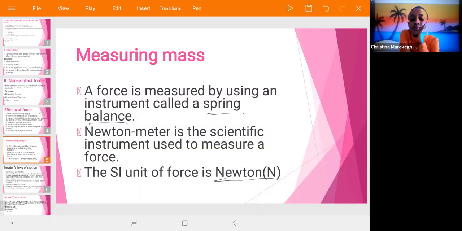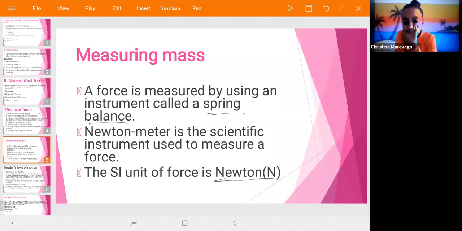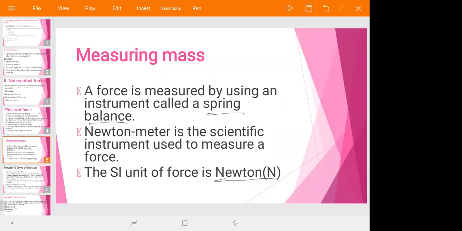He discovered the law of gravity and the laws of motion. So we are going to see Newton's laws of motion, what he discovered.